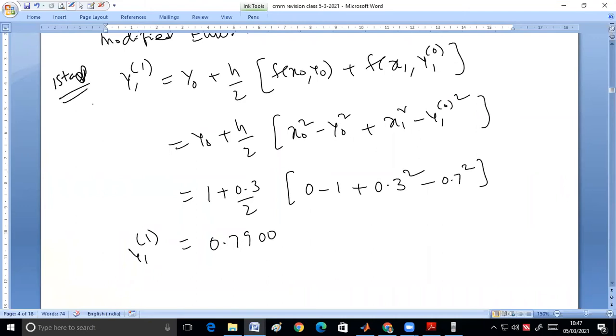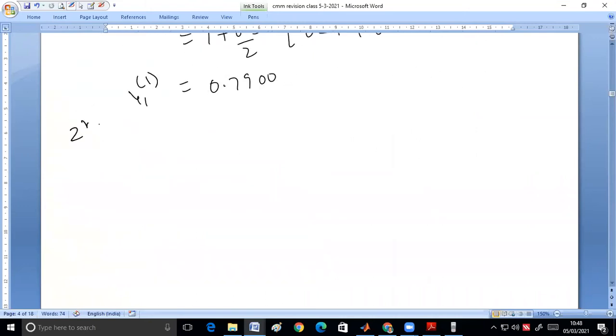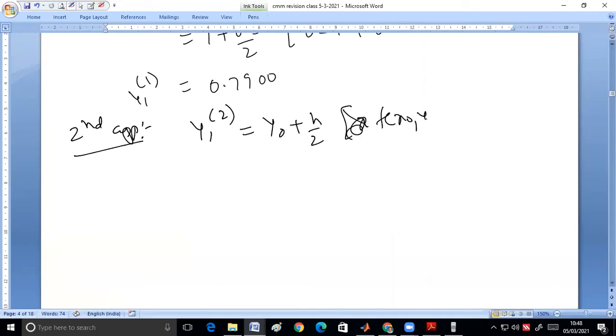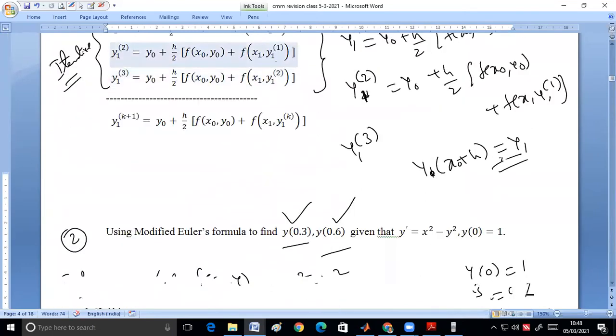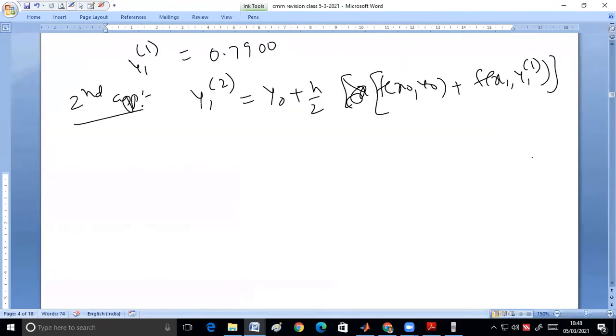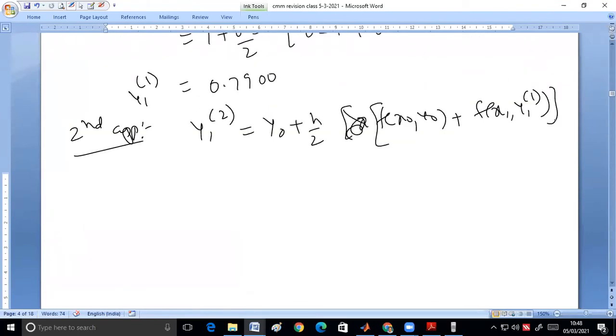Now the second approximation, the y1 second value. y naught plus h by 2 into f of x naught, y naught plus f of x1, y1 first approximation value. So the same formula we are using for the second approximation. The modification is only one term, the last term, which is our modified value.